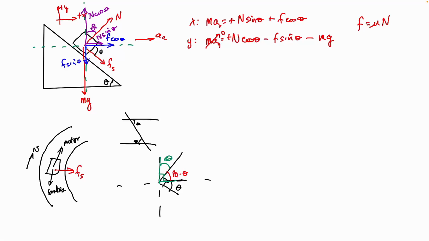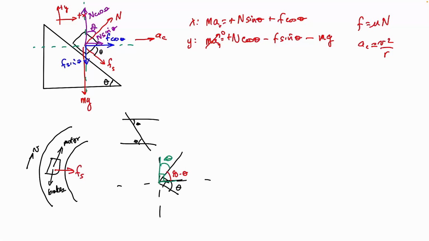I don't see any velocity in any of my equations. Where's it hiding? It's in the acceleration, right? Because this is the acceleration for something that's going around in a circle, and centripetal acceleration is equal to the speed squared divided by the radius of the turn.